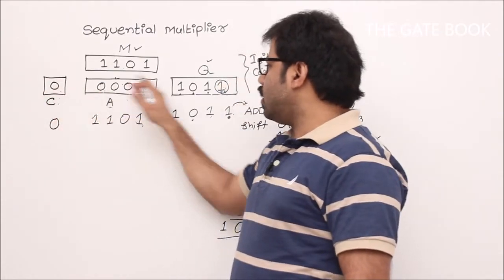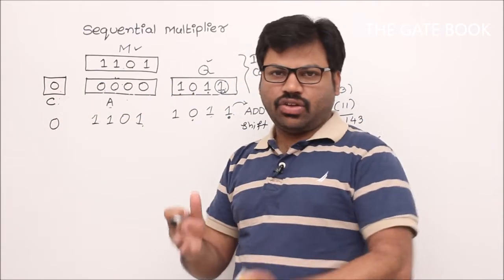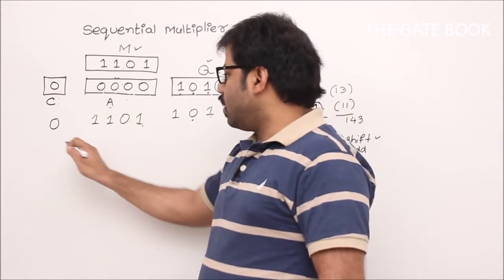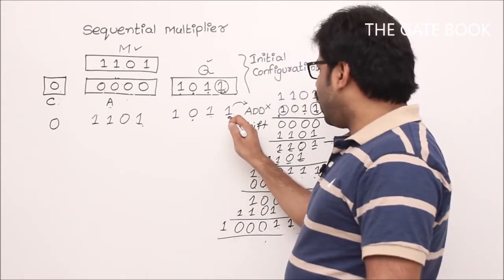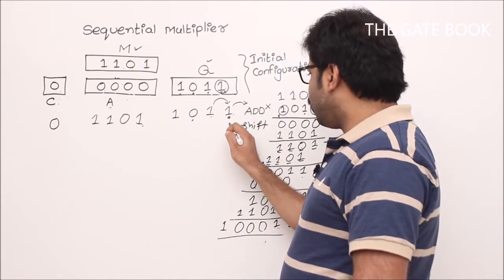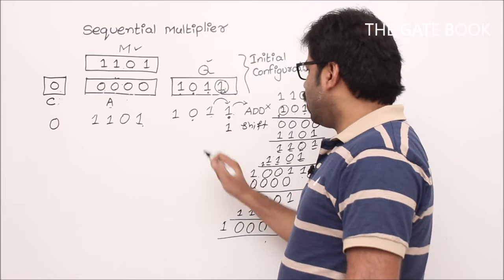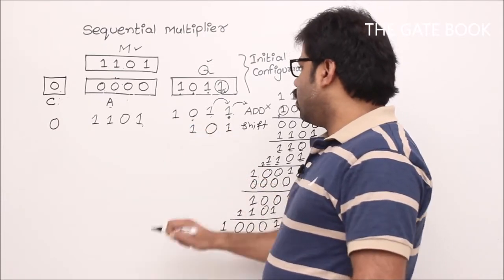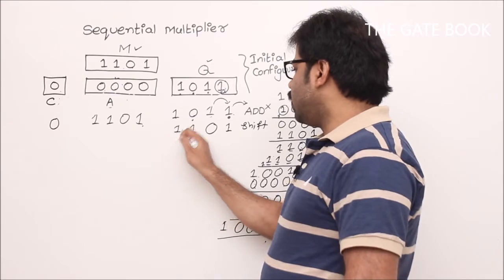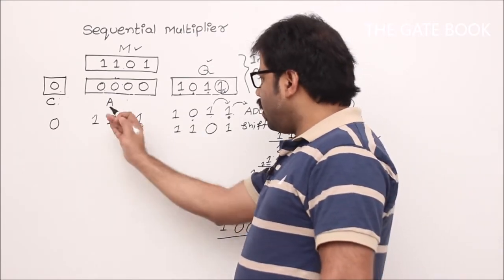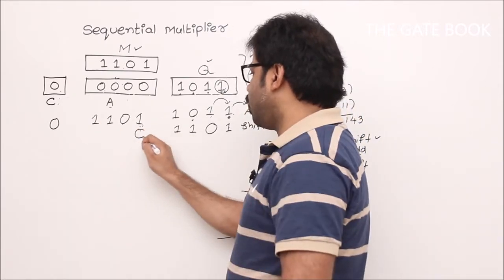All these registers are connected to that shift circuit, so because of that they will be shifted. When I do that, as I already told you, this 1 will disappear. So this 1 will come here, this 1 here, this 0 comes here, then this 1 comes here, this 1 comes here. This is the shift operation. So what about this place? This place will be occupied by the left component, 0.